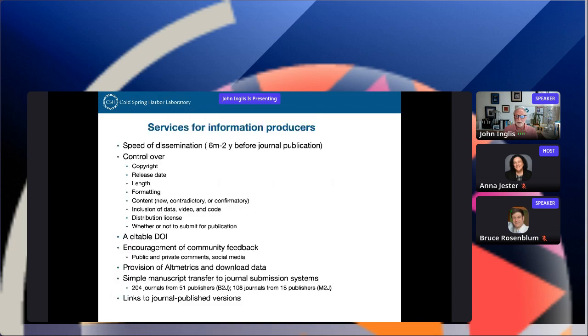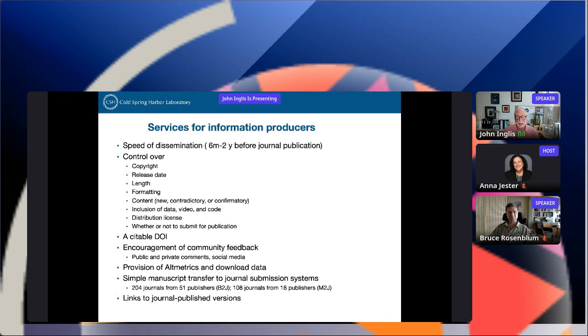So preprint servers provide certain kinds of services for the authors, for the information producers. Primarily speed, as I've said. A preprint can be posted 6 months to 2 years before its journal version arrives. We offer all kinds of control to the authors over many aspects of how their manuscript reaches the world, and I've listed those there. The preprint comes with a citable DOI, which is a very valuable thing for, for example, a young researcher to have when she is applying for a job or applying for a grant.